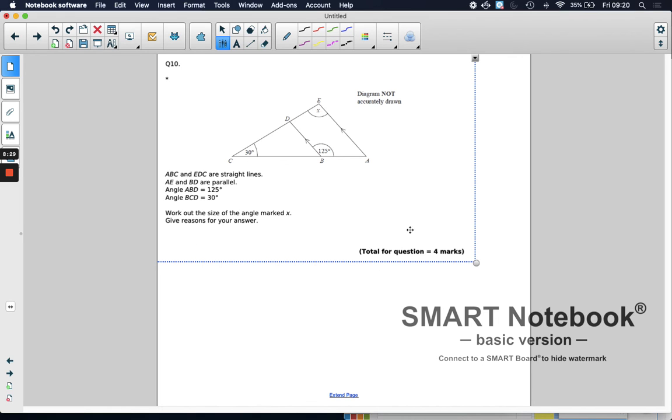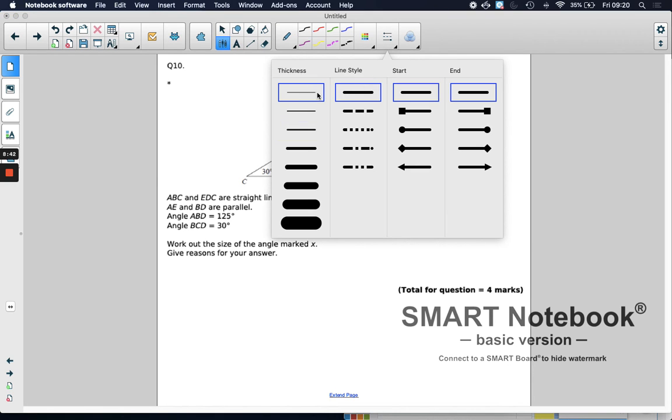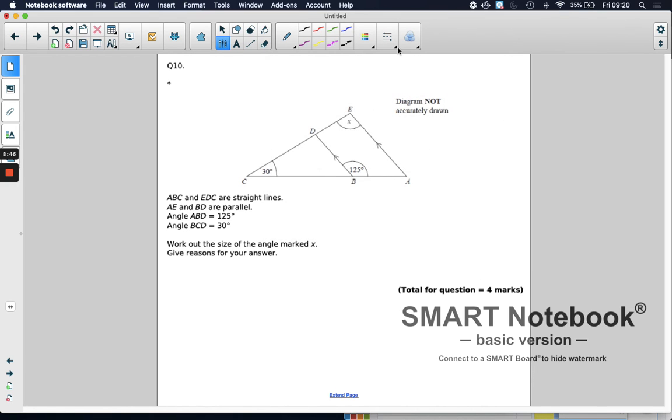Right, last question. For this one, I'm just going to make it a little bit bigger because it will help us. An angles question. Straight lines A and BC are parallel.